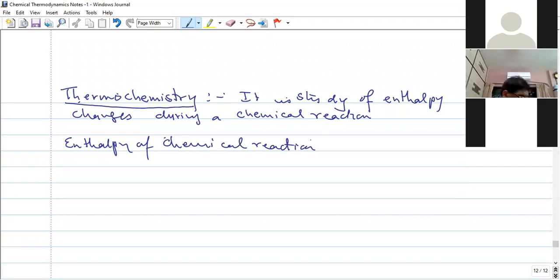Enthalpy of chemical reaction. It is denoted as delta RH. Okay.